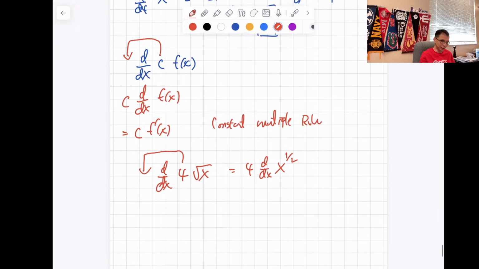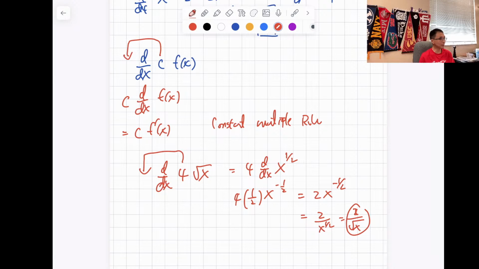Can I take a derivative of x to the 1/2? So the 4 is still in the front, 1/2 is here, x to the negative 1/2. Why negative 1/2? Because 1/2 minus 1 is negative 1/2. So that would be 2x to the negative 1/2, or 2 over x to the 1/2, or 2 over square root x. And that becomes the derivative of 4 root x.